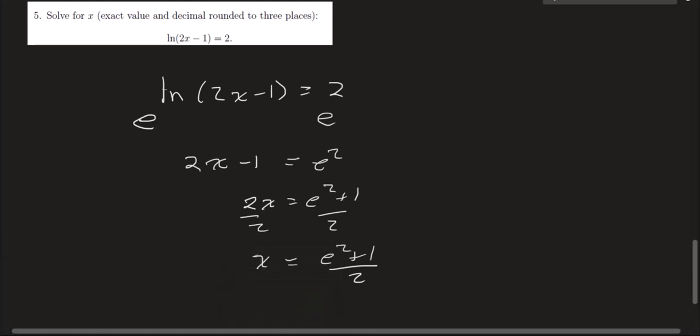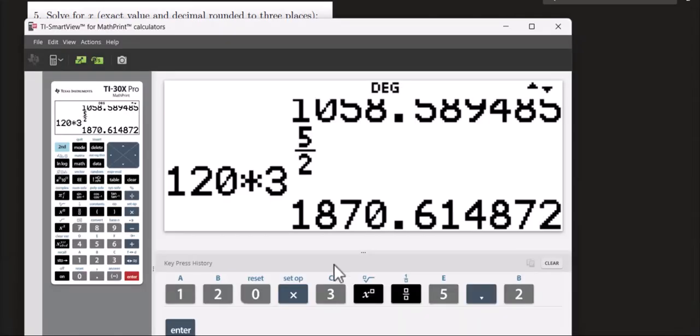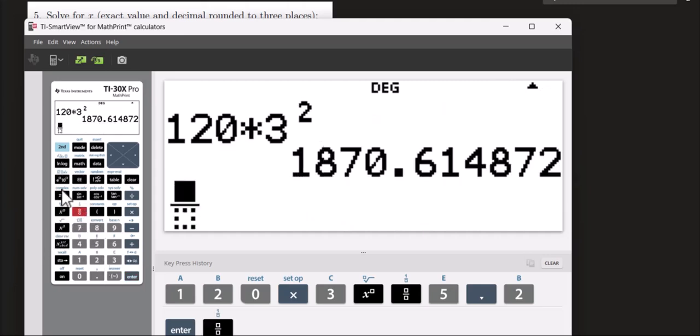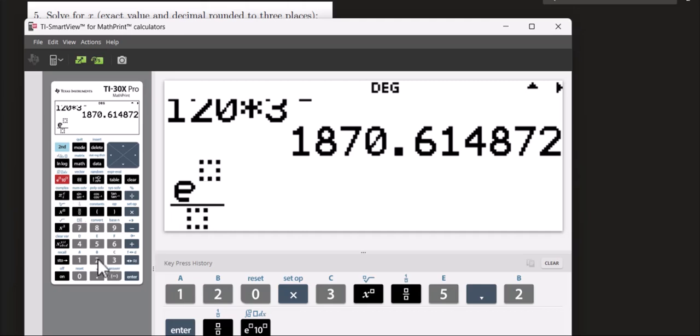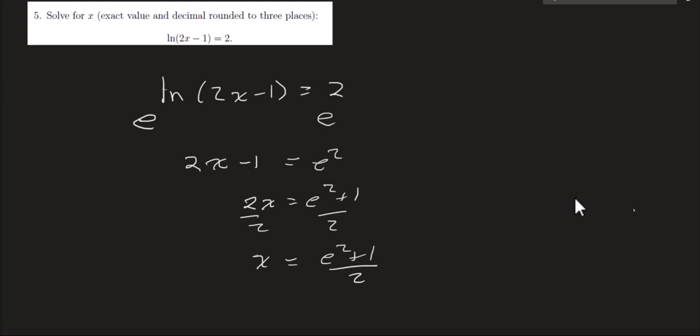And then to get that as a decimal approximation to 3 places, I have e, what was it, squared? Yeah.